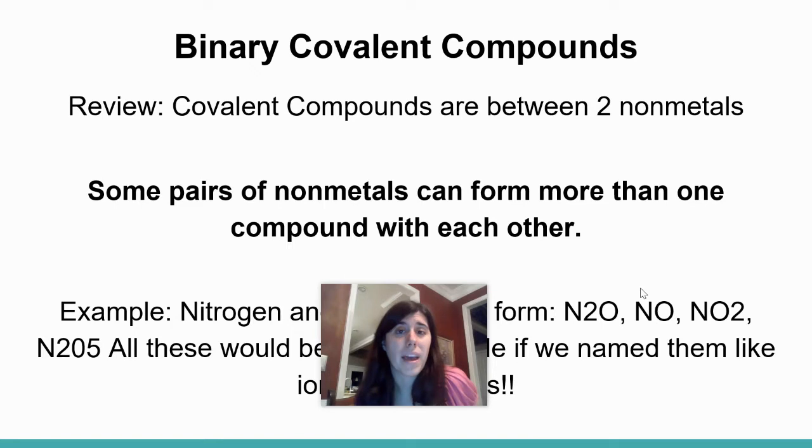Ionic doesn't really do that. With ionic, you can only bond one way because they have a set oxidation number. Covalent doesn't really operate that way. They can share several different bonds in several different ways. So 2 of the same elements could actually make several different compounds.